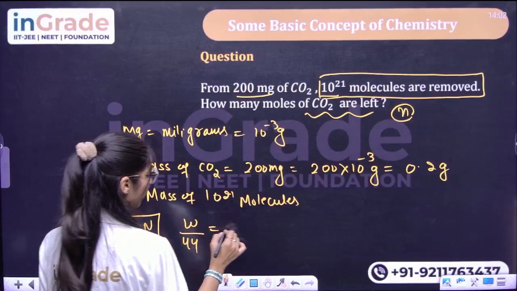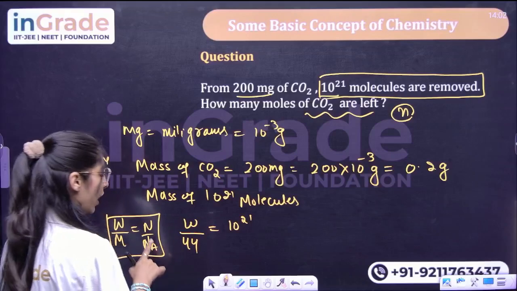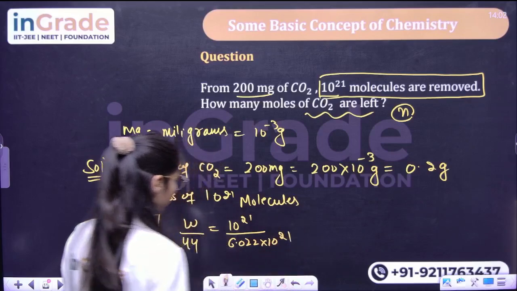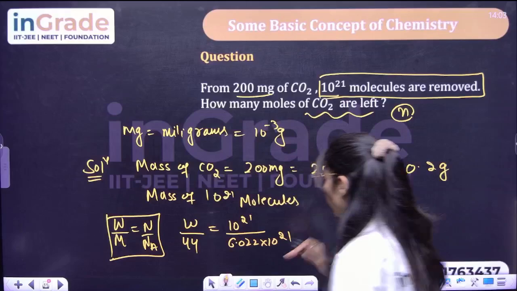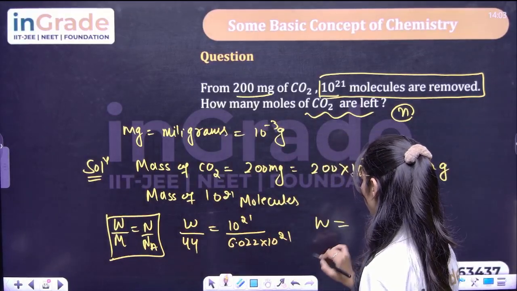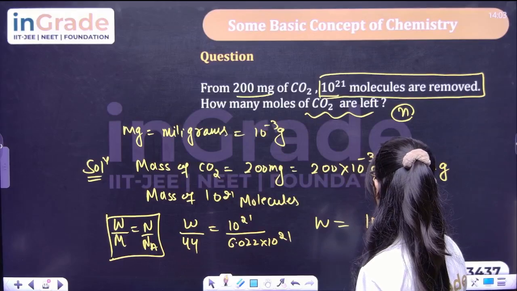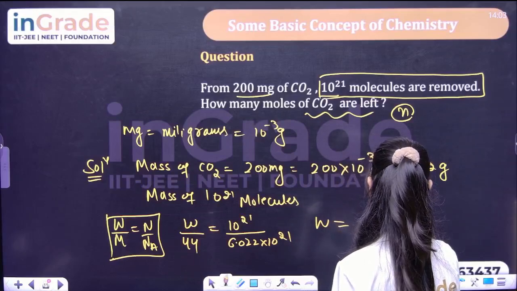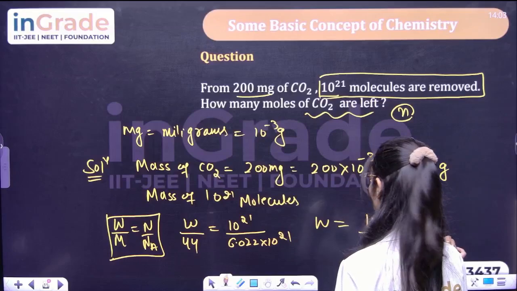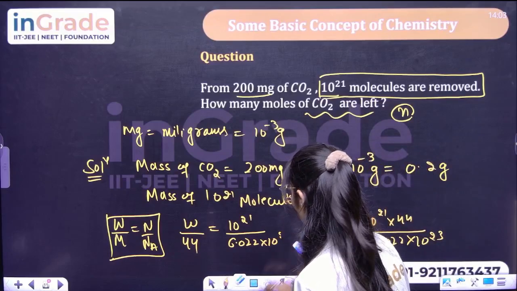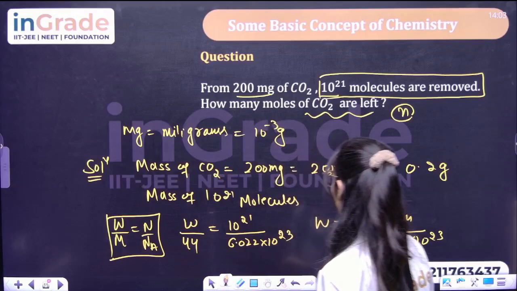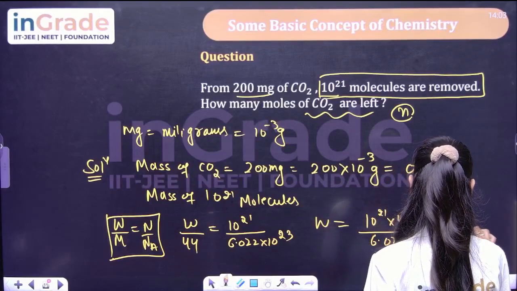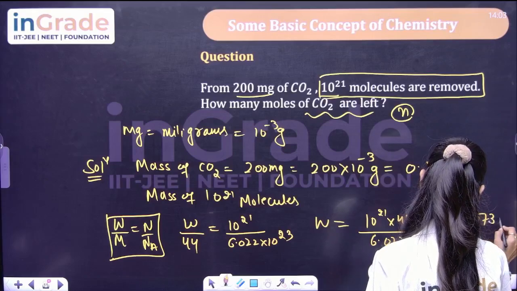And the value of N is given to us, that is 10 to the power 21, and we all know Na represents 6.022 into 10 to the power 23. So W is equal to 10 to the power 21 multiplied by 44 and divided by 6.022 into 10 to the power 23. Sorry, I wrote 10 to the power 21 here, it is 10 to the power 23. So if I solve this, it will come out equal to 0.073 gram.